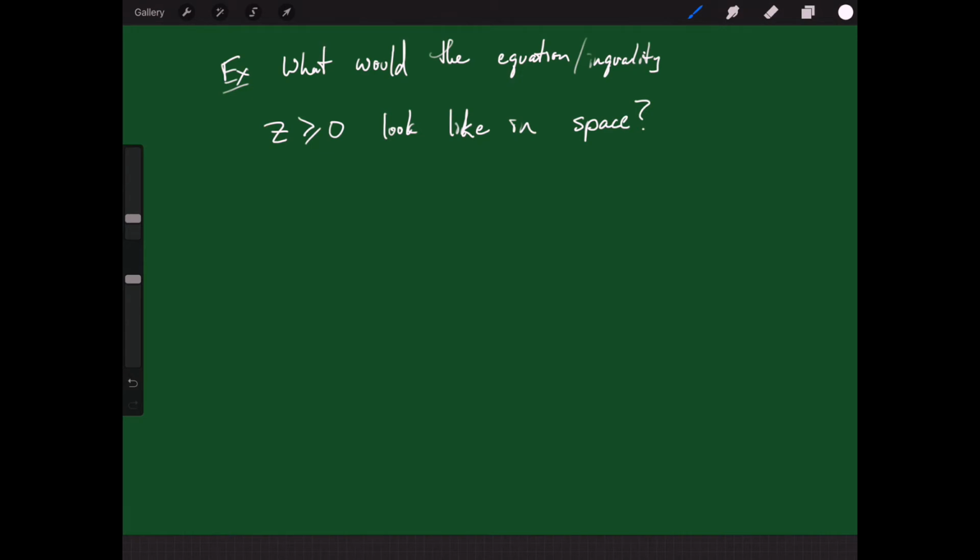Okay, so what does z is greater than or equal to 0 look like in space?